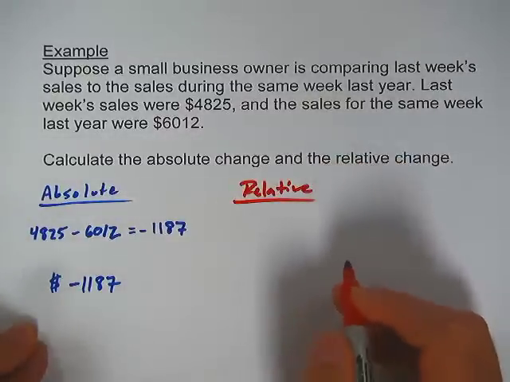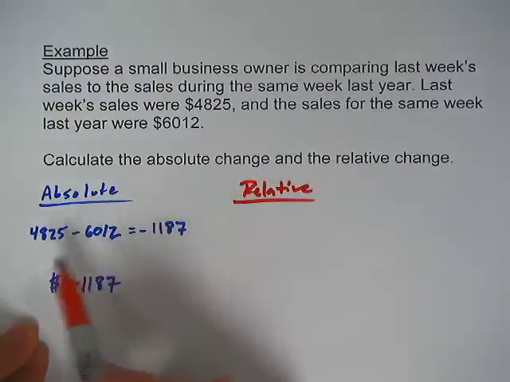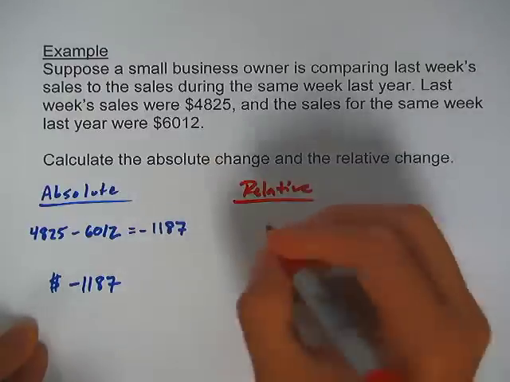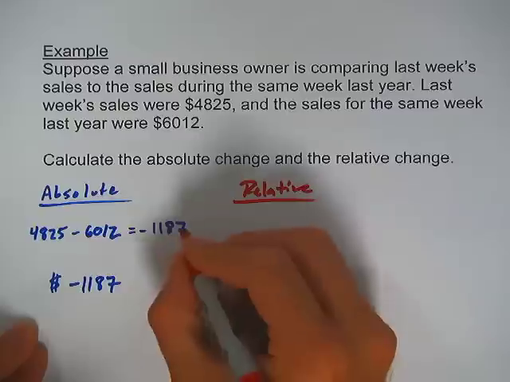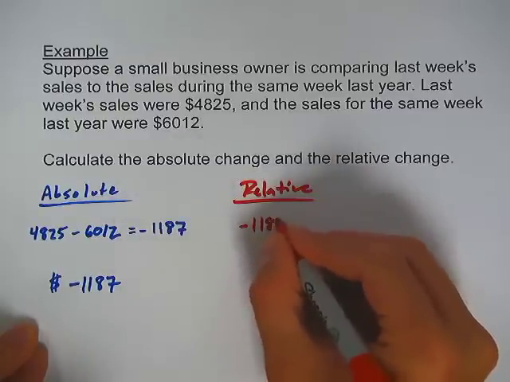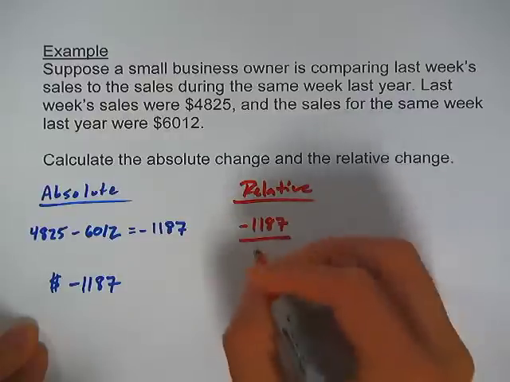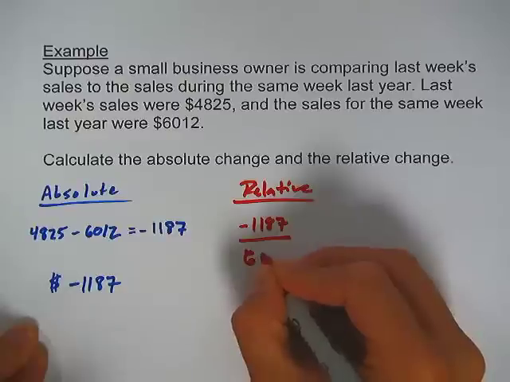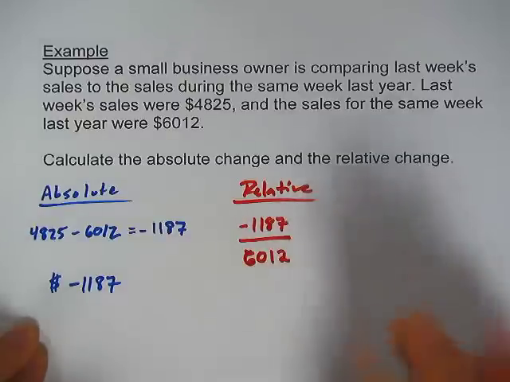So our relative change now is our absolute change divided by the old value. So in this case, since I've already calculated my absolute change, I'm going to take that number and divide it by my old value. So my old value here, which is 6,012.